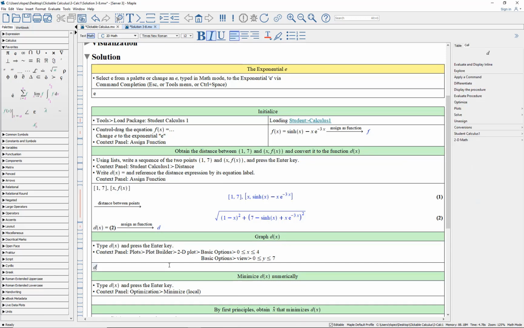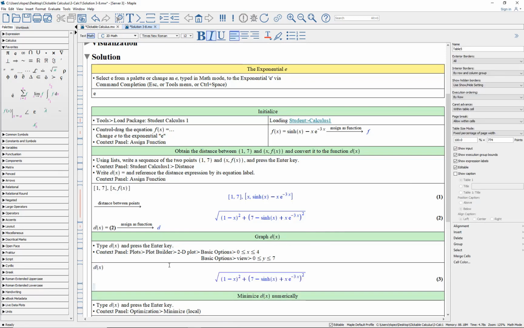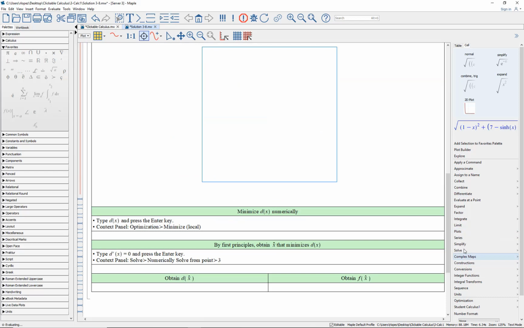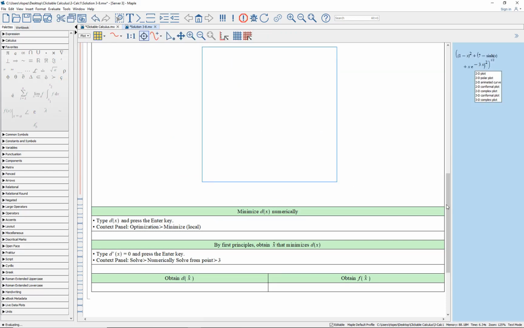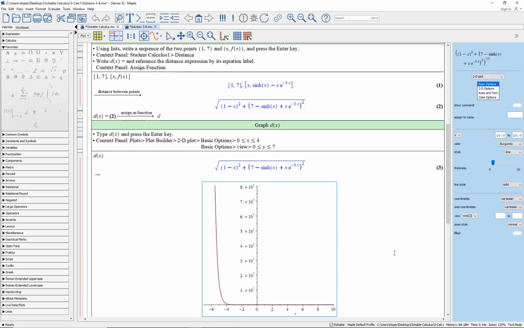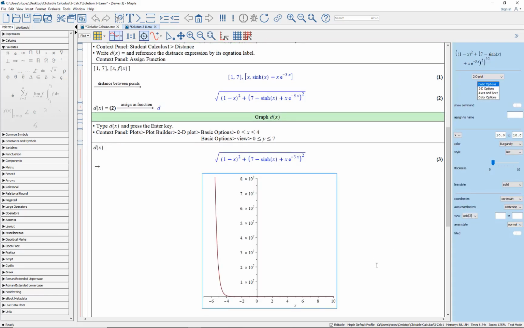Well, d of x is that function. I would like to draw its graph, so I can use this context panel, plots, plot builder. Now I'm drawing a 2D plot, so I click here, and I notice that the default is minus 10 to 10.